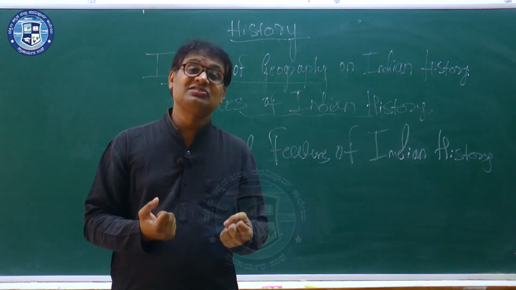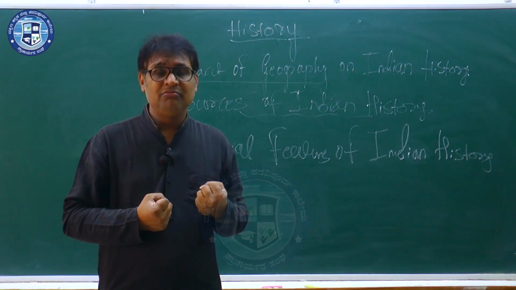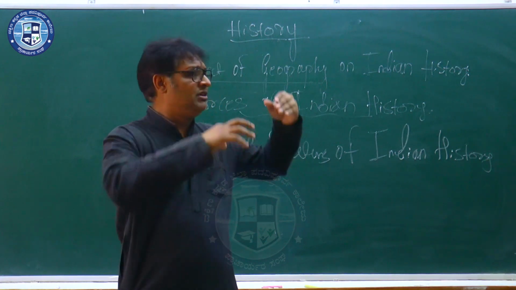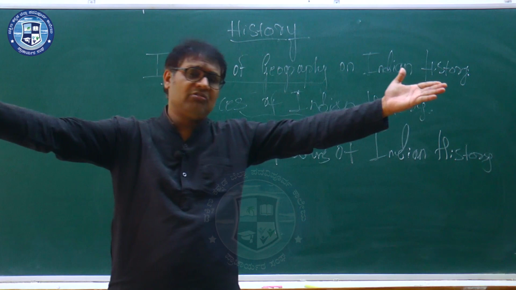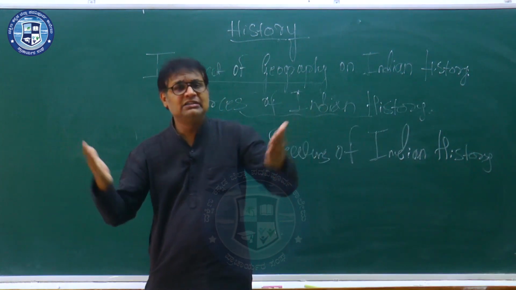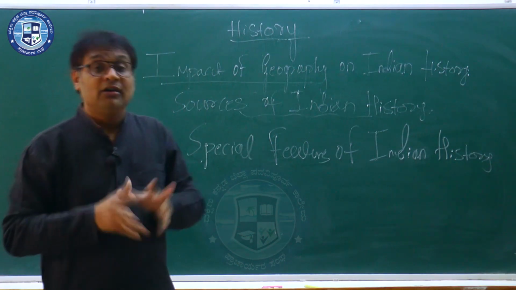So we have a tolerant nature. We have given shelter to everybody, to several religions, several castes, several communities. That is called unity in diversity, which will be the next point.